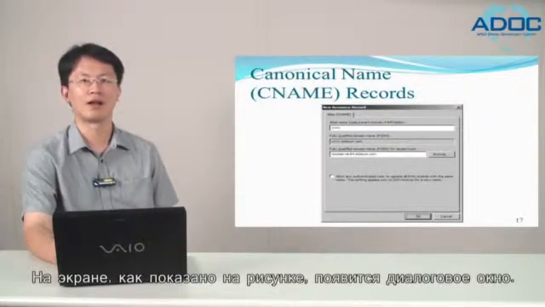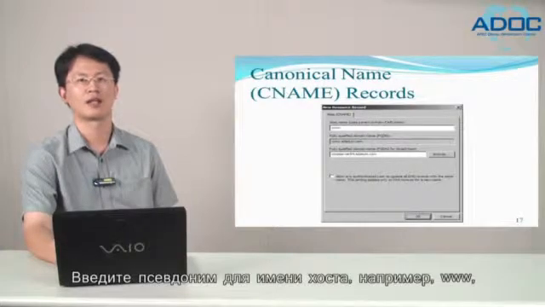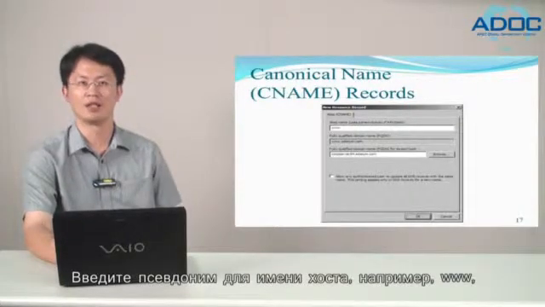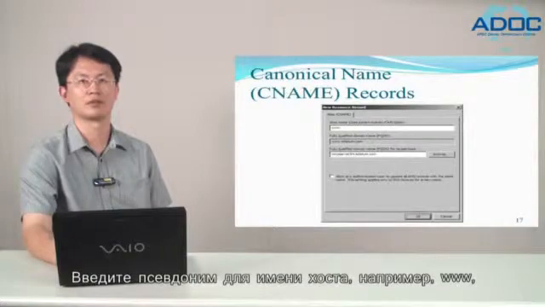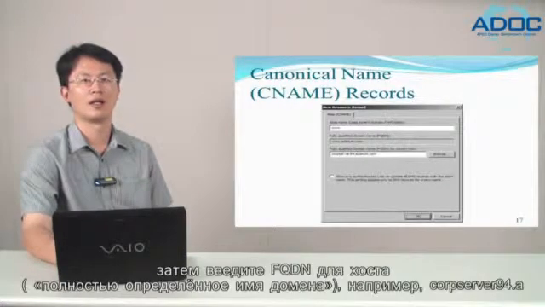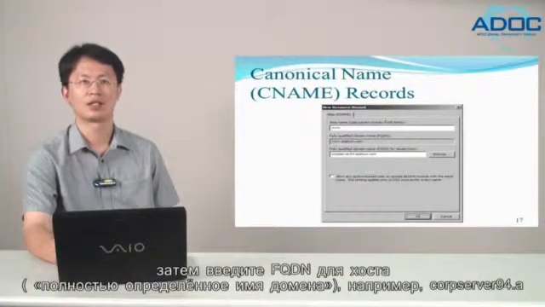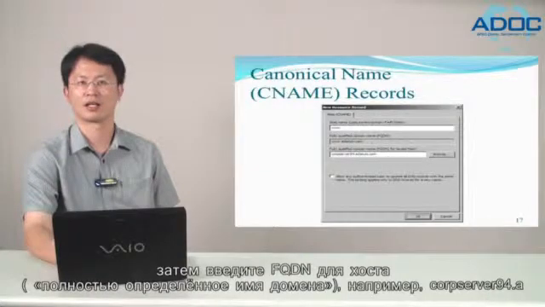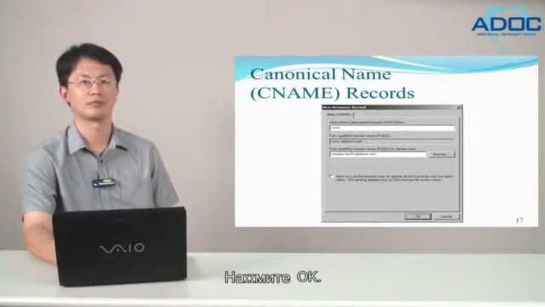This displays the dialog box shown in the figure. Type the alias for the host name, such as www, and then type the FQDN for the host, such as copserver94.adaton.com. Then click OK.